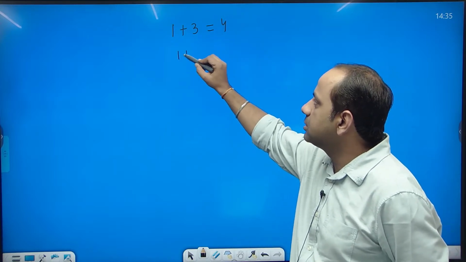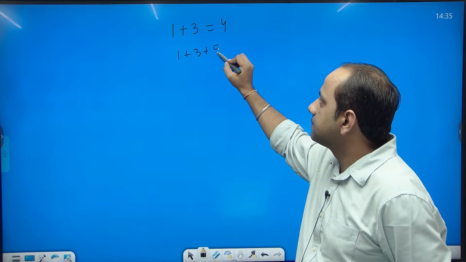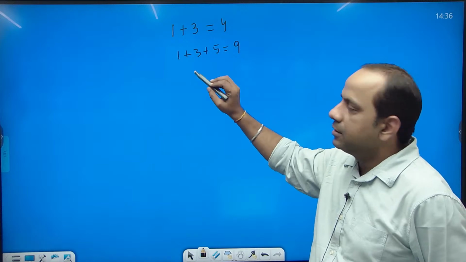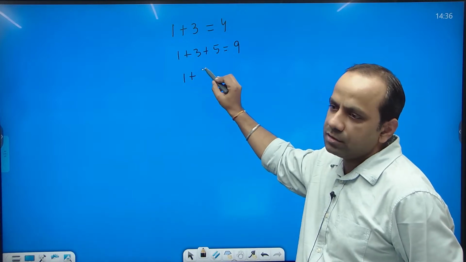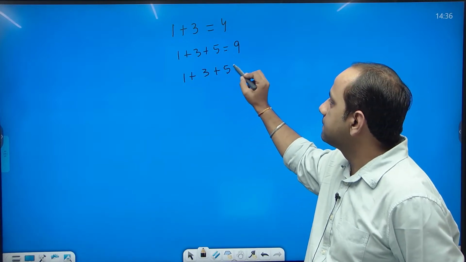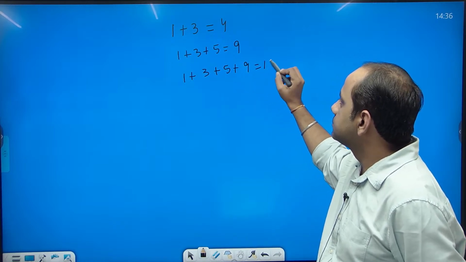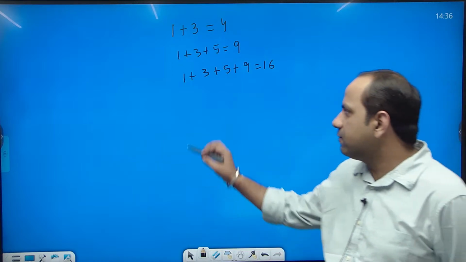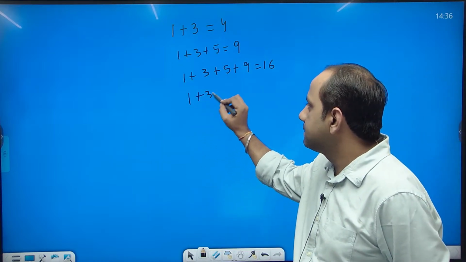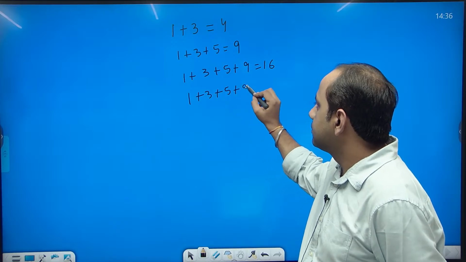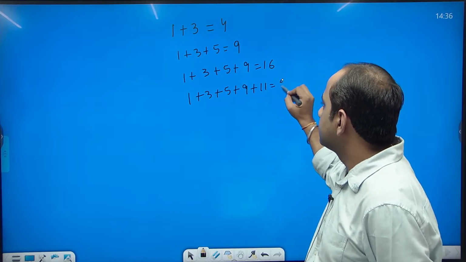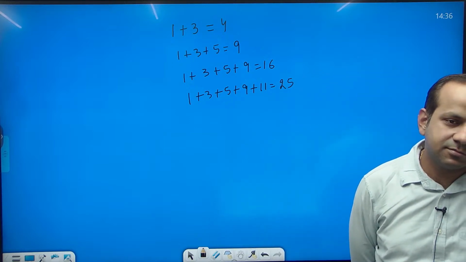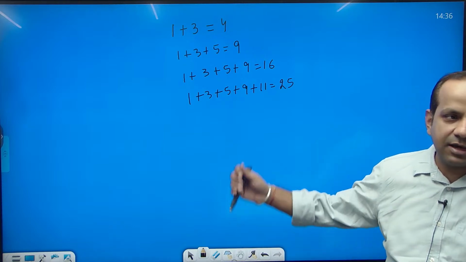Sum of first three odd numbers, it will be 9. If I add the first 4 odd numbers, got it? Can you tell me what will be the sum of first 5 odd numbers? Okay, sum of first 6 odd numbers. Do you think we need to calculate that?